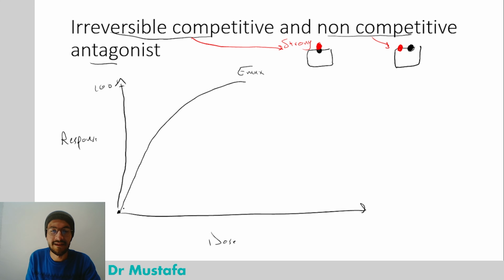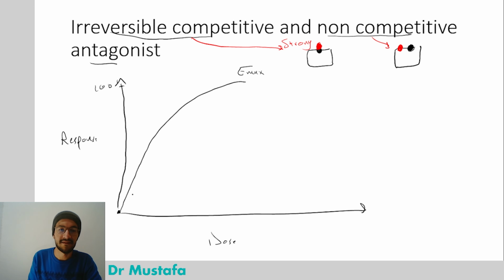Now for the irreversible competitive antagonist with the agonist and the non-competitive antagonist with the agonist, they both have the same curve. The irreversible competitive antagonist with the agonist has the same curve as the non-competitive antagonist with the agonist.